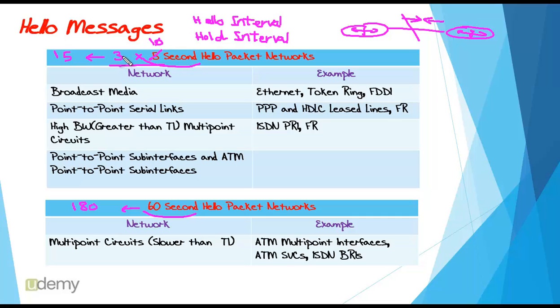I mean that if you change it into 10, the hold time would not change into 30. And if you want to maintain this equation, you should change the hold time respectively and change it into 30 manually.